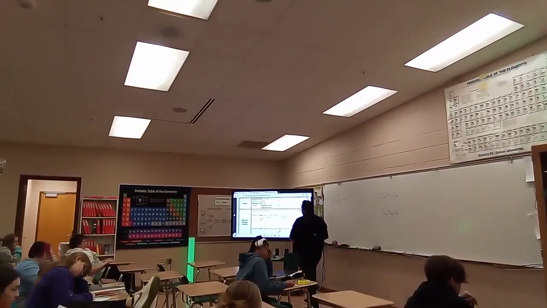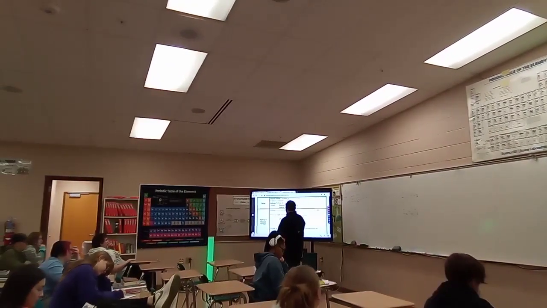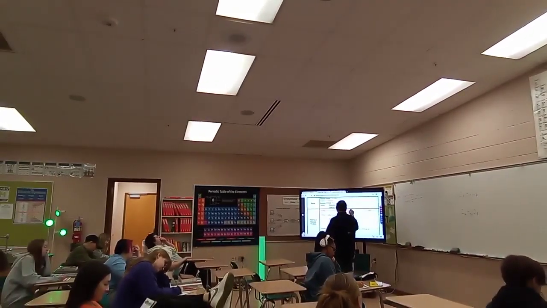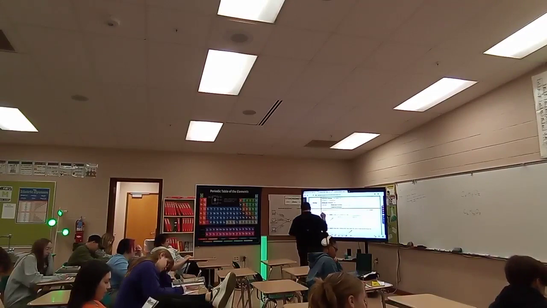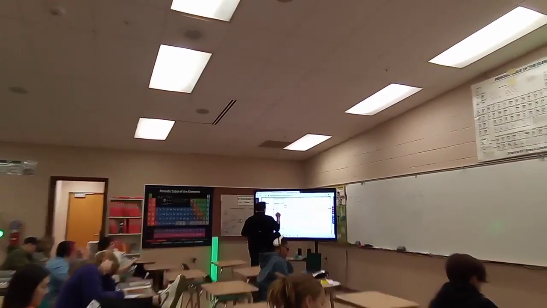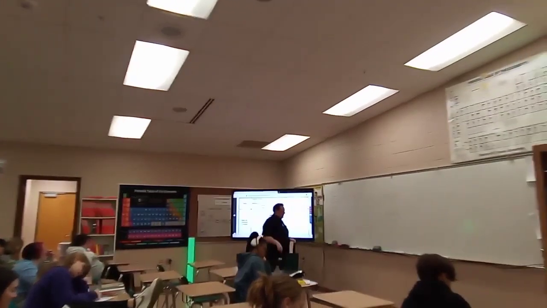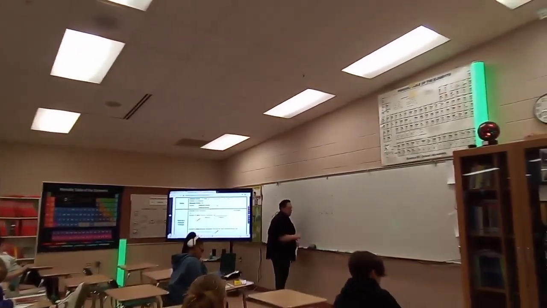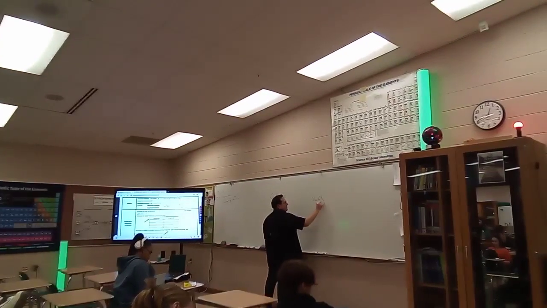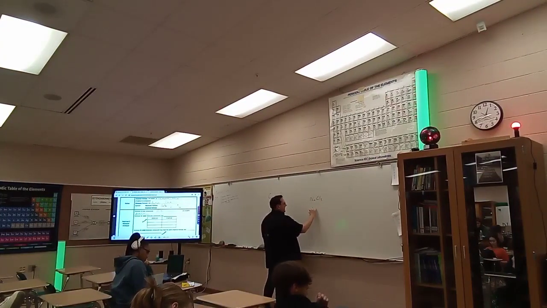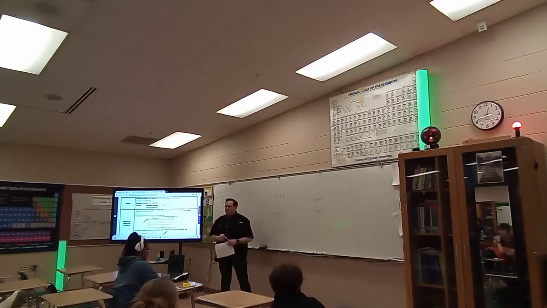Formulas for ionic compounds are called formula units, and they are always empirical. You can't have a formula like Na2Cl4. That's not valid.